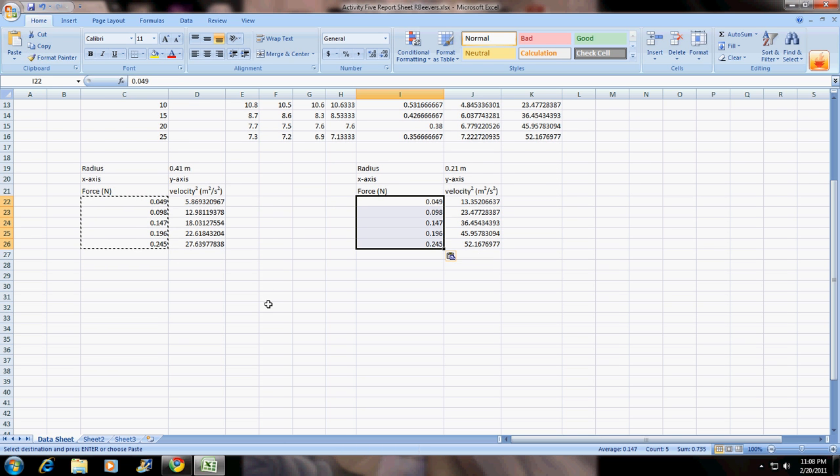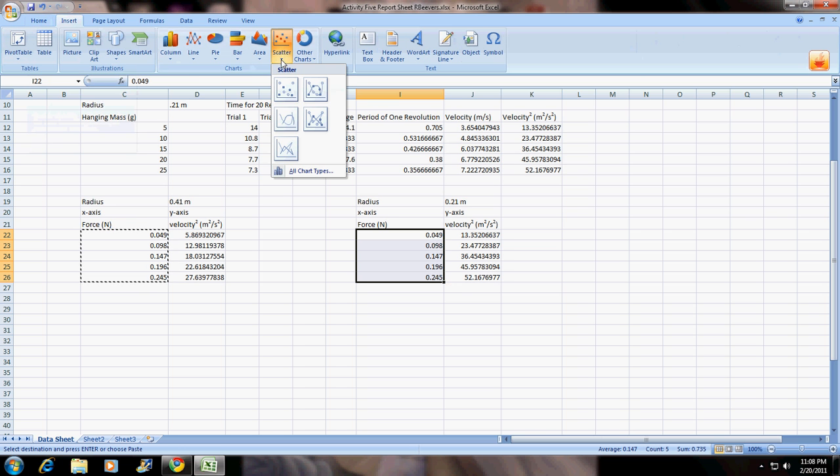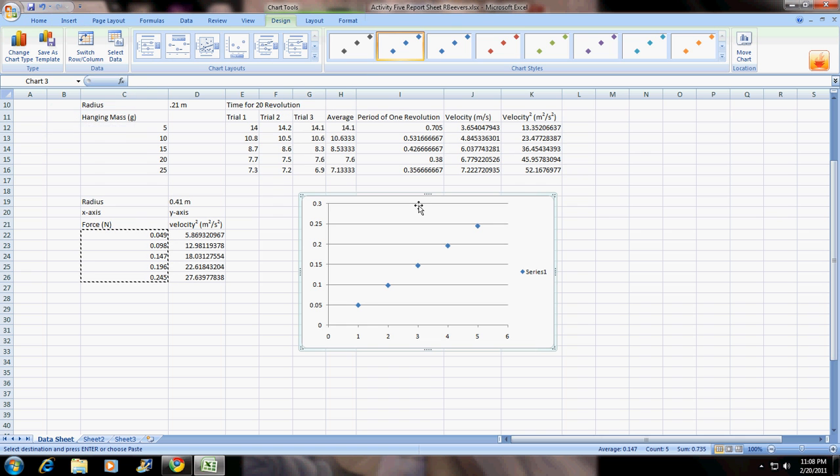Okay. Now, to graph, I want to put force on the x-axis and velocity squared on the y. So what I'm going to do is I am going to insert an xy scatter. Okay.